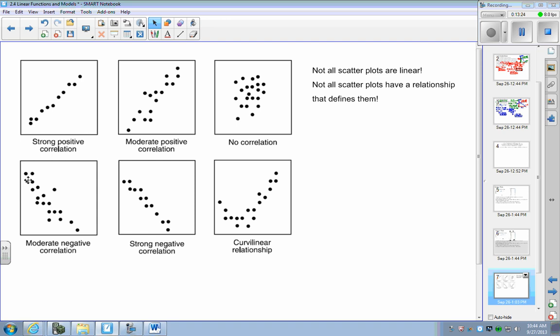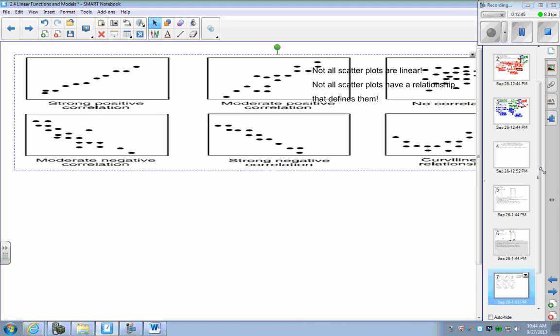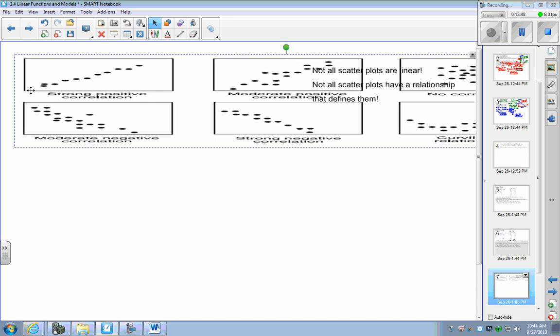Okay, and then you can have a moderate negative, strong negative, and then this goes back to not all scatter plots are linear. Okay, this could be maybe a quadratic or a cubic or a quartic or maybe a log or something. But like I was saying, you can really change the relationships between them. So these look really, really strong and positive now, but if I do this and stretch it out, that slope changes.